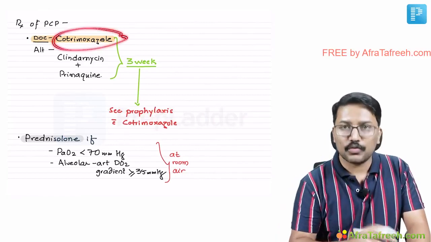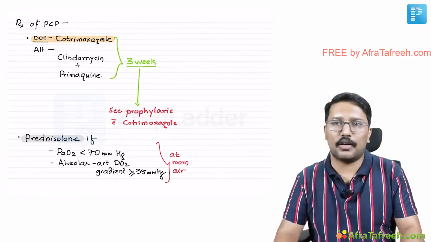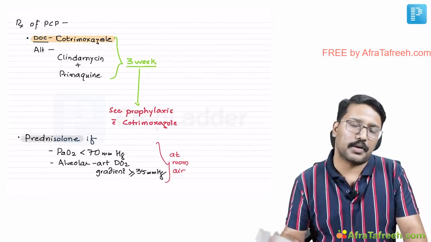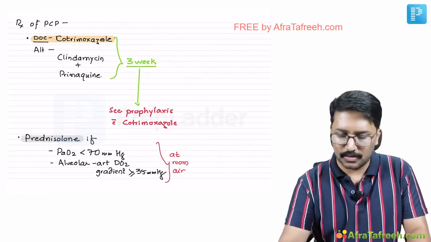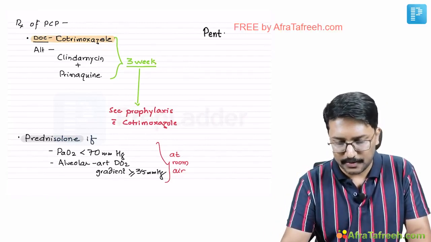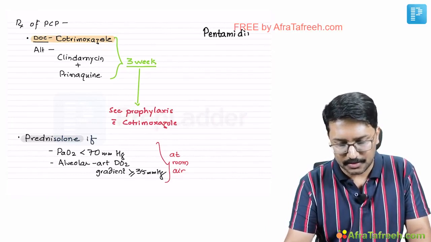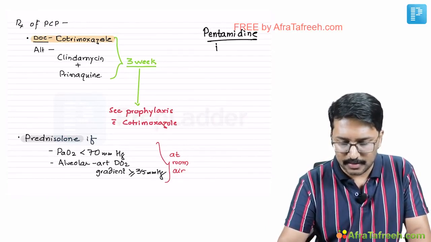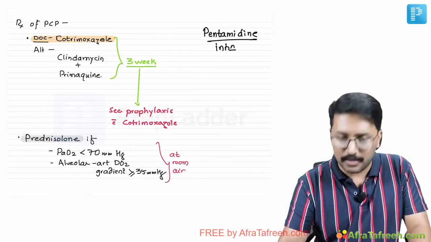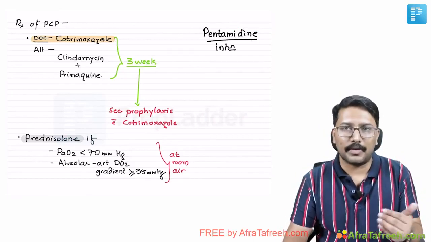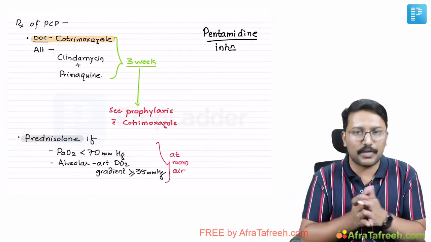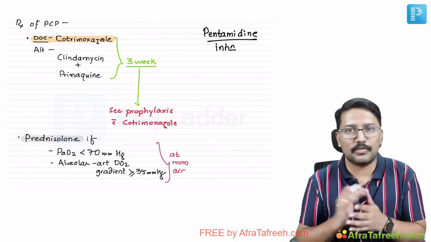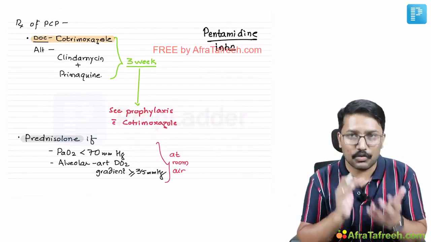So if cotrimoxazole is contraindicated or a patient cannot tolerate it, what alternatives do we have? In the past we used to talk about a drug called pentamidine, which used to be given as an inhalation. Well, we only spoke about it, like when actually I had a patient whom I had to treat with cotrimoxazole because of PCP pneumonia, and the patient could not tolerate it.